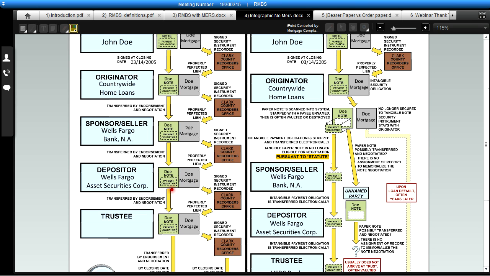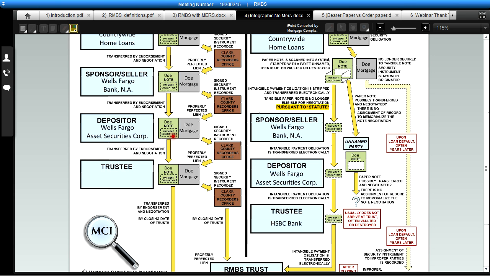All right, the depositor decides that he is going to sell what he owns and transfer. So he does a sale of the John Doe note with the intangible payment obligation attached to the trustee. The trustee for the RMBS Trust, in this case it's HSBC Trust 2005-6.